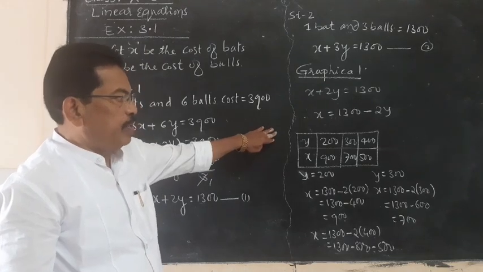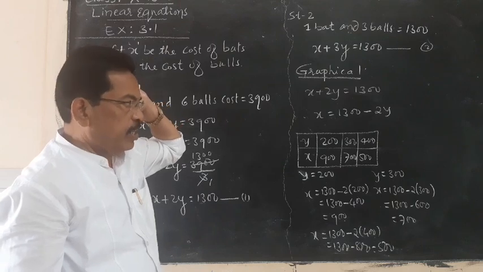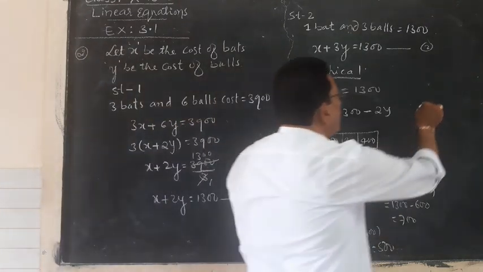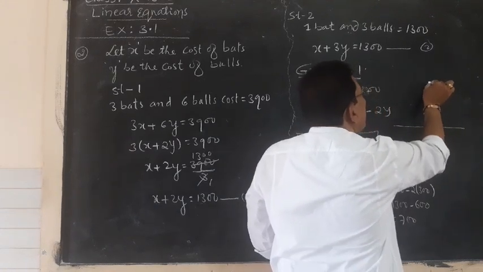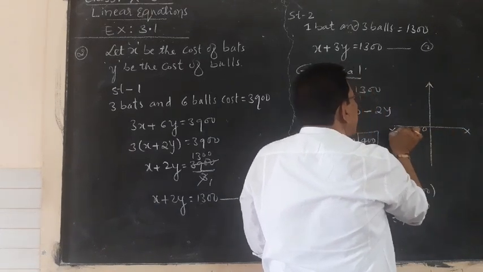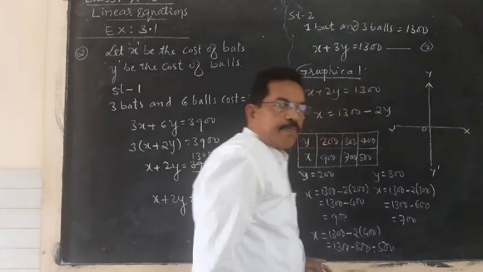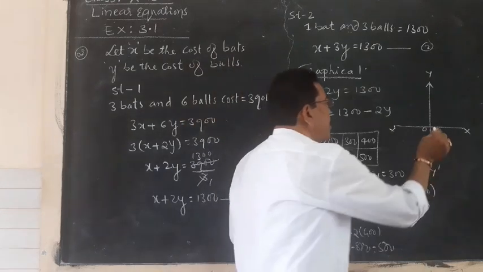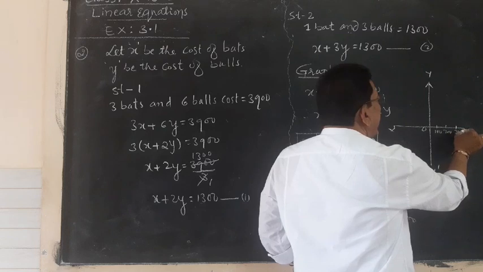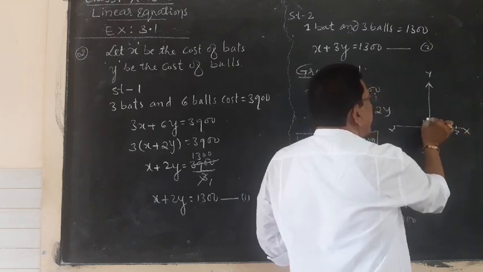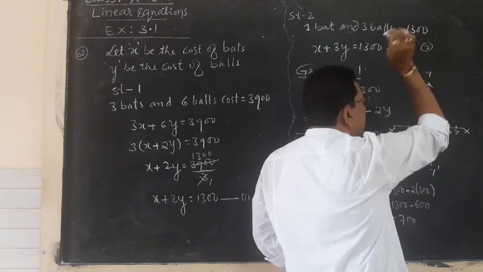From this tabulation, we have to represent the statement graphically. Okay, what do we have to do? We have to consider a graph with x-axis and y-axis. Then let us take 100, 200, 300, 400, 500 like this.